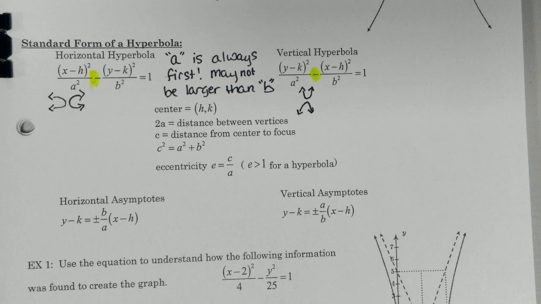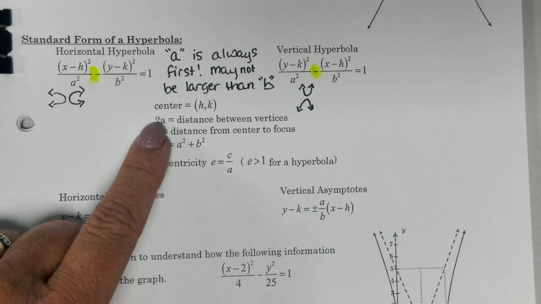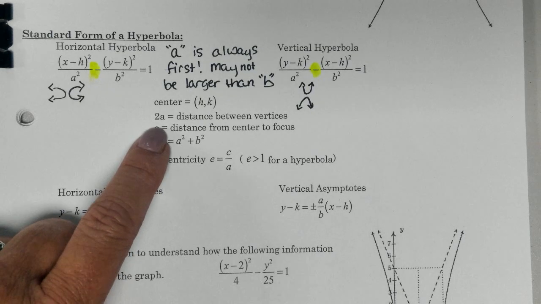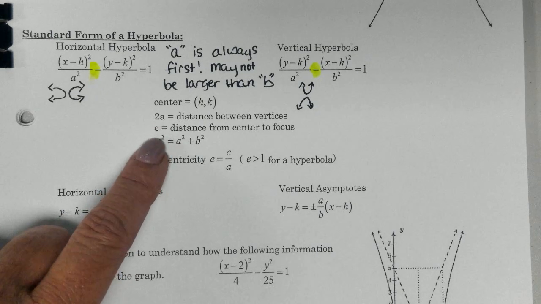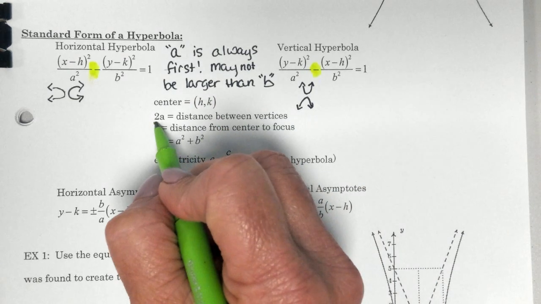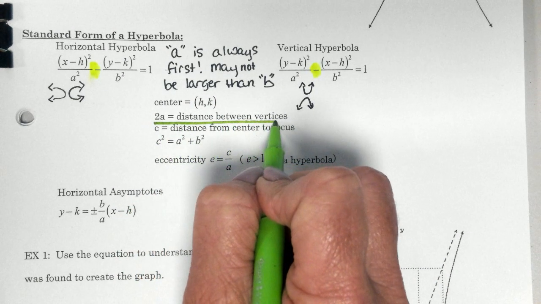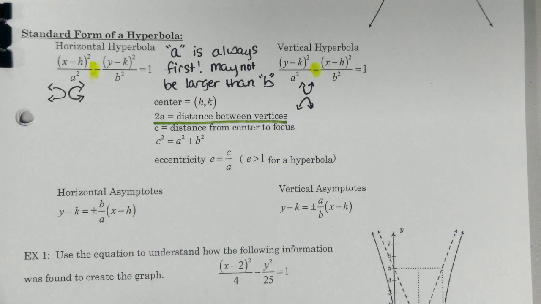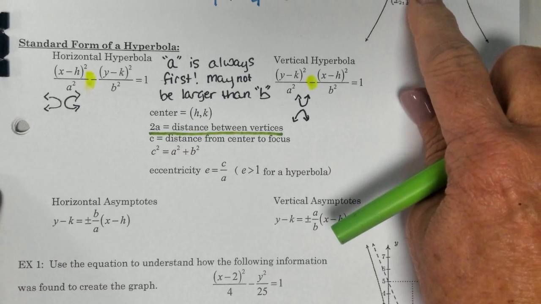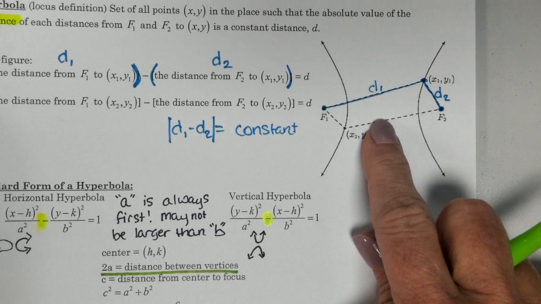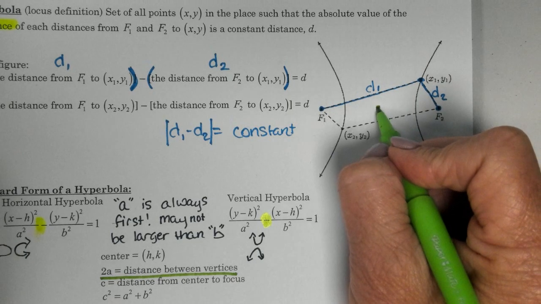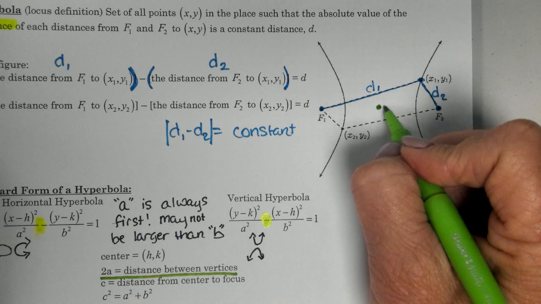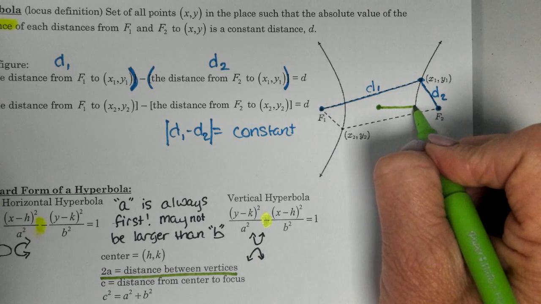But just like the others, 2A is going to be the distance between the vertices. So I'm going to underline that in green, and I'm going to go back up to this picture, and I want to show you that your A value is going to be the distance from the center to a vertex.